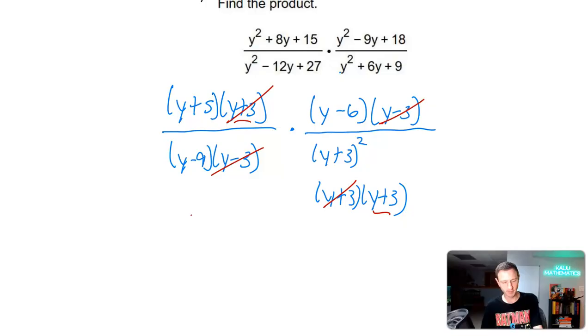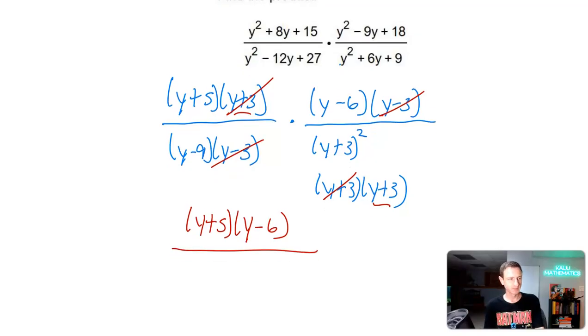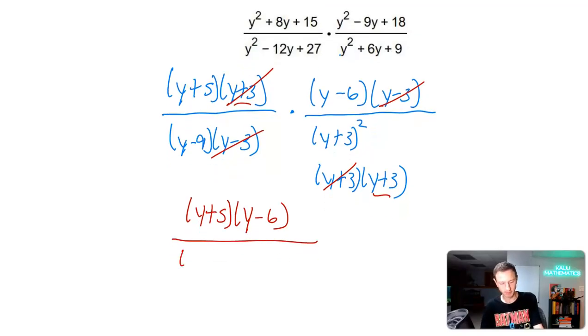So we have on top y plus 5 times y minus 6 over, and then we have y minus 9, y plus 3. Yeah, nothing else that could simplify. Just double checking.